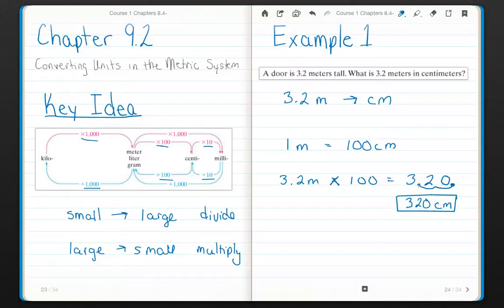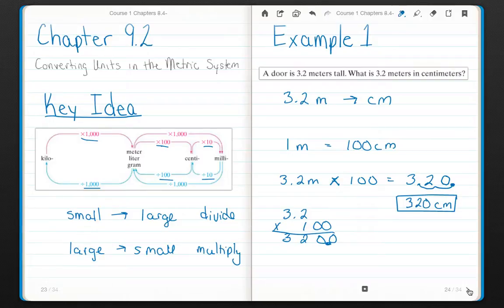Now, you'll notice that I used the shortcut of just moving the decimal. That's totally fine. If you want to do the math and work it out, you can do that also. Bring the zeros straight down, 1 place behind the decimal, 320 centimeters.